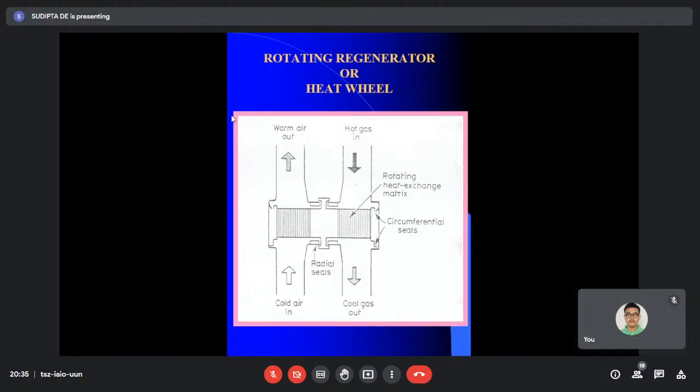But in regenerative heat exchange, the main problem is that the hot fluid and the cold fluid, it can be liquid also, alternately flow through the same section. Then the problem is, if either the hot gas or cold gas has certain contaminations, it matters.